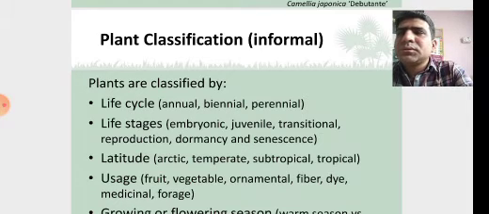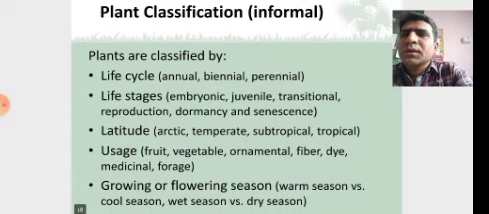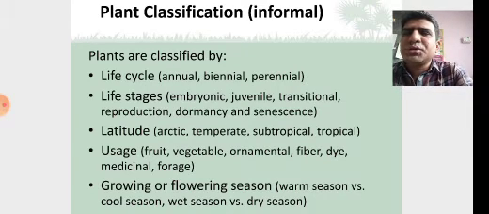Then latitude: what will be the latitude of that particular plant? It may be the Arctic region, temperate region, tropical region, subtropical region, and so on. Then the usage: fruits, vegetables, ornamental, fiber, dye, medicinal, forage and spices are all usages of plants.